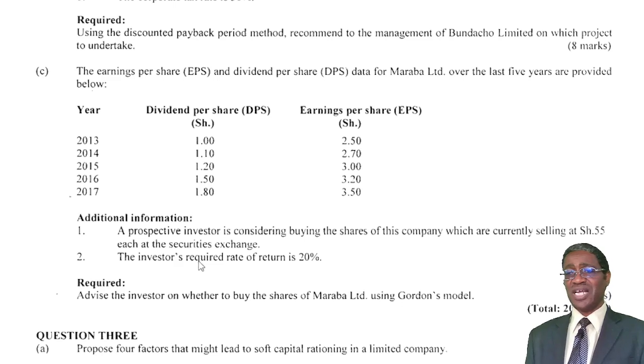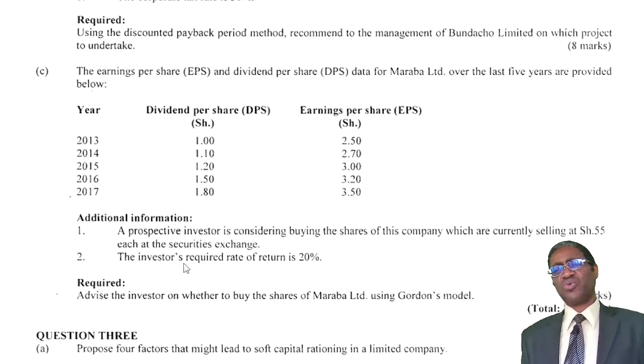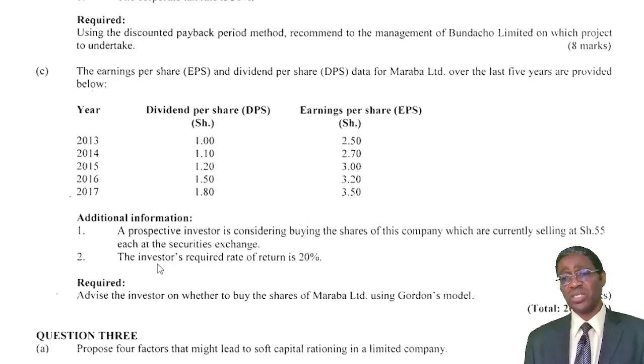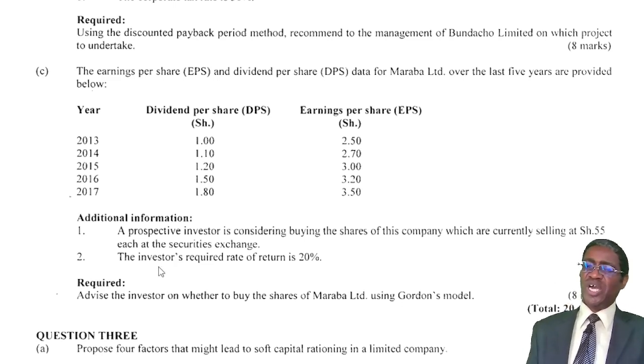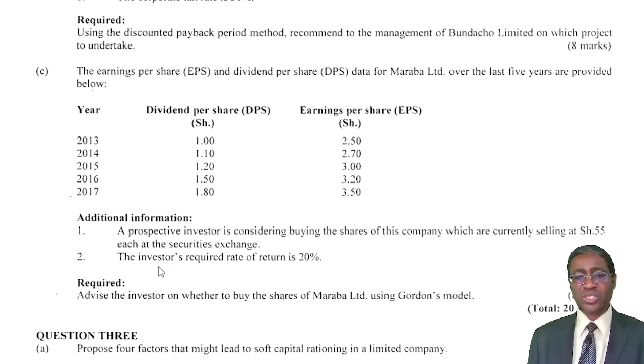We are told they are growing at a constant growth rate. So this question wants you to use the second category of the dividend, where the dividends are growing at a constant rate.